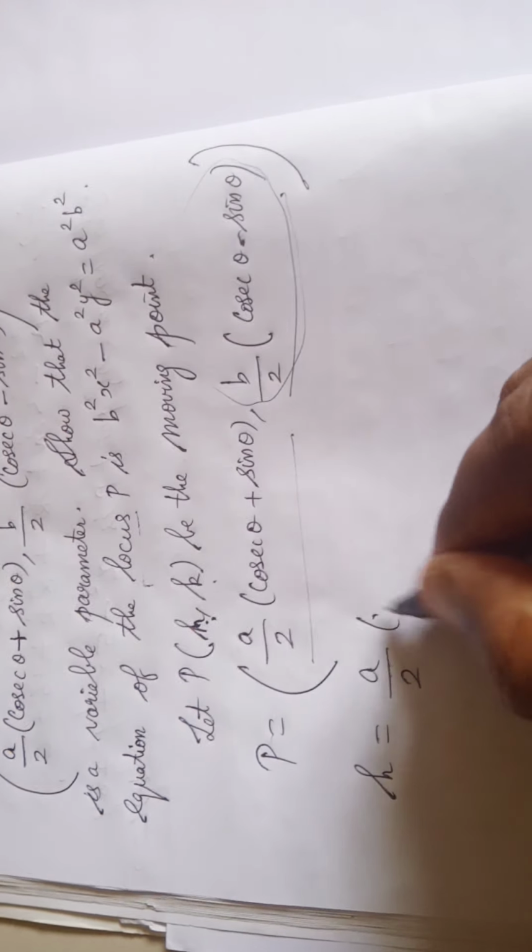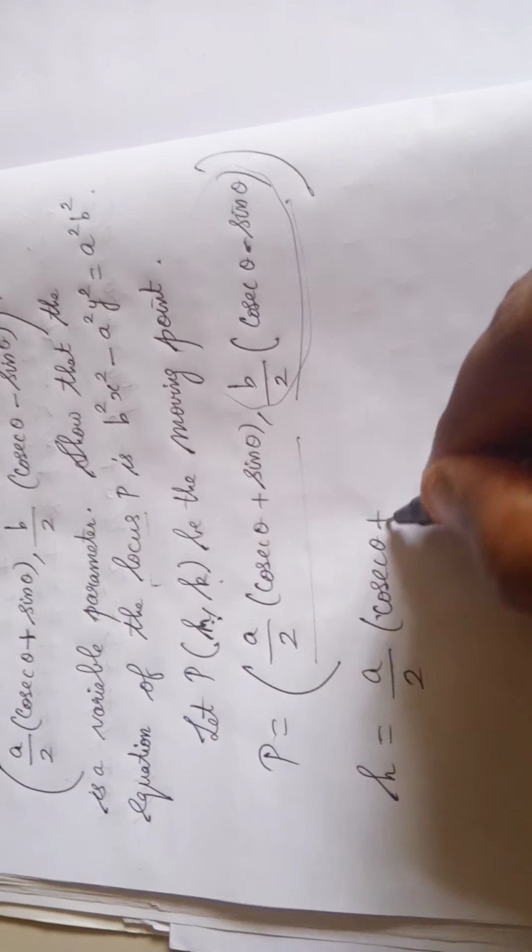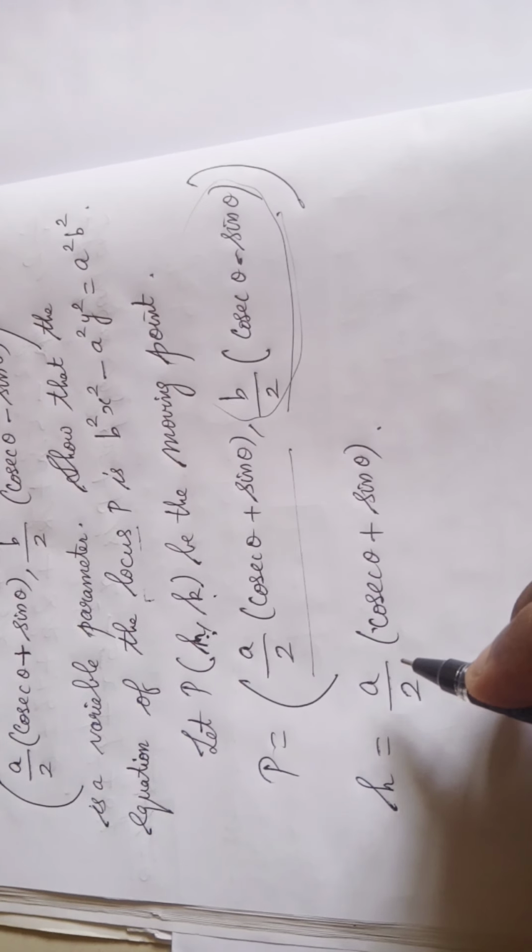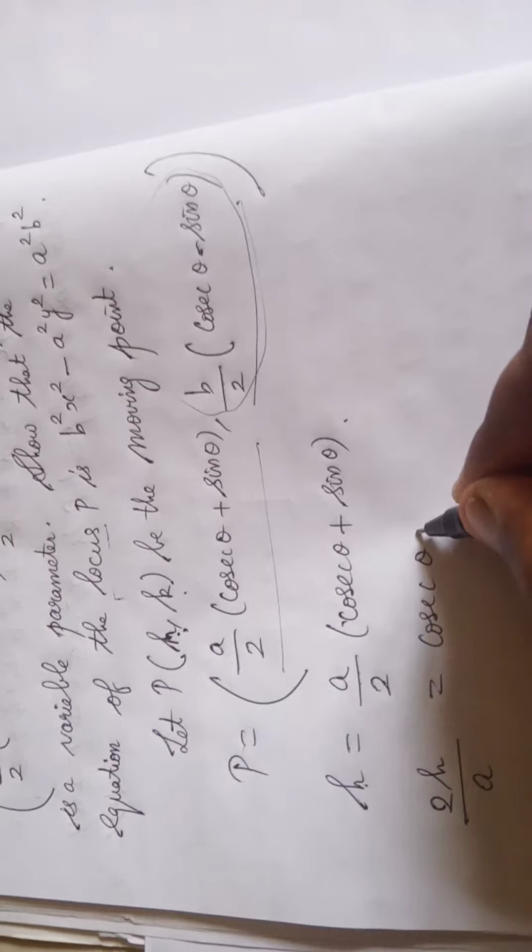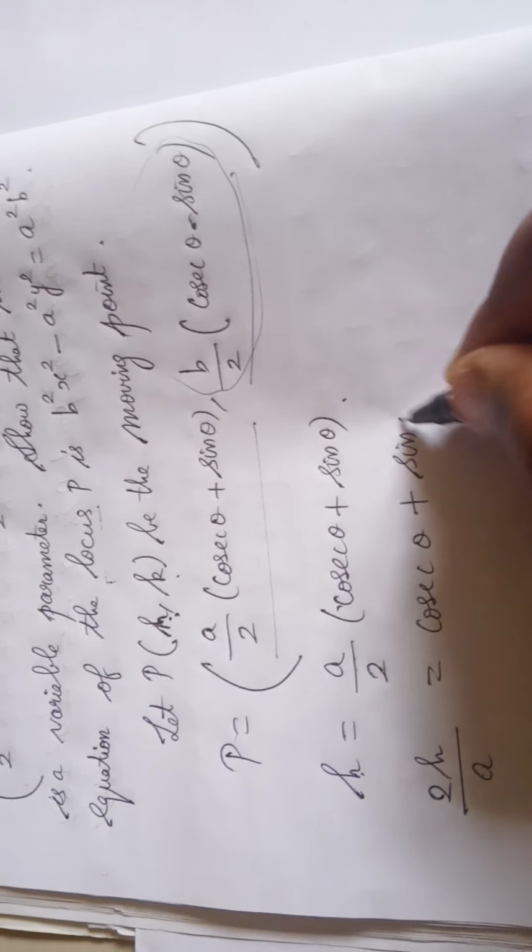So h equals (a/2)(cosec θ + sin θ). Now 2h by a equals cosec θ + sin θ. This is the first equation.